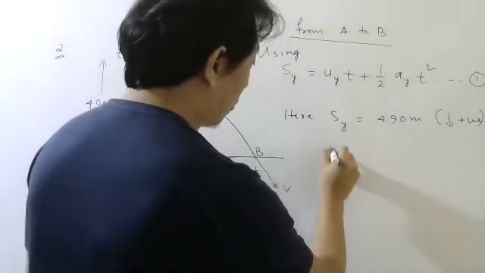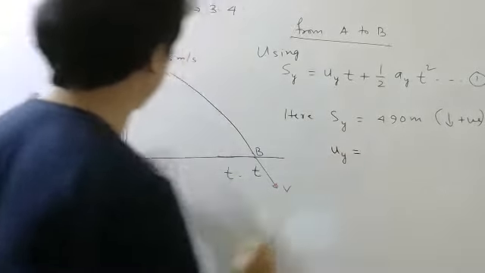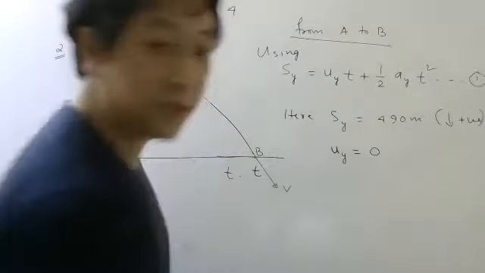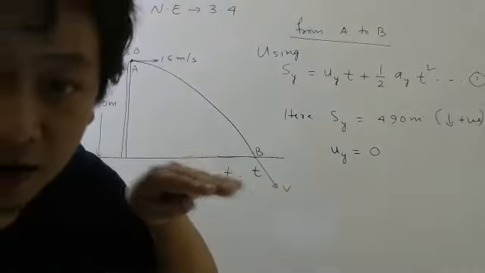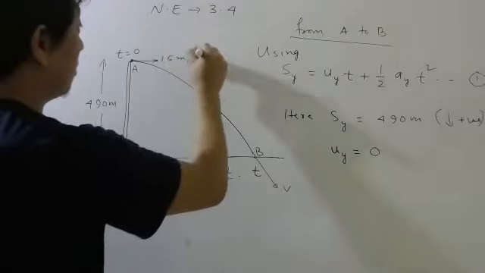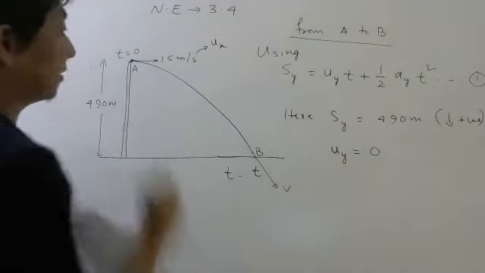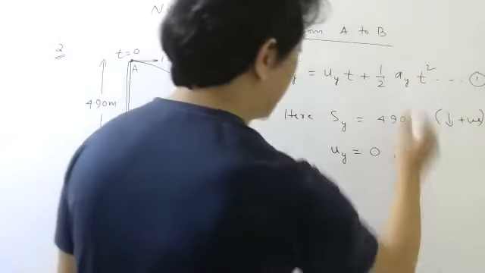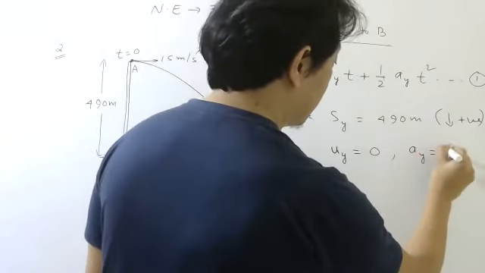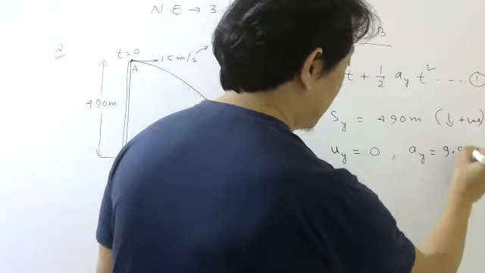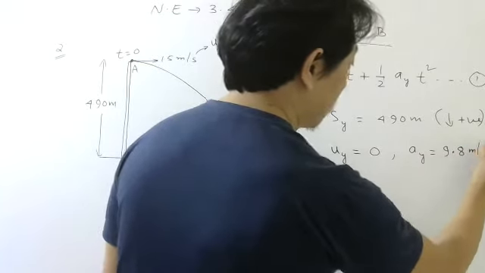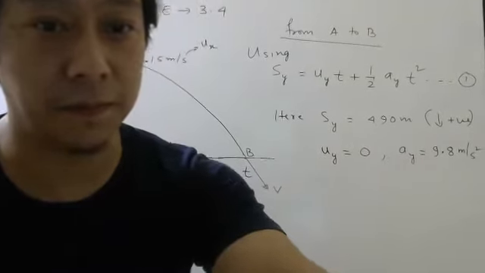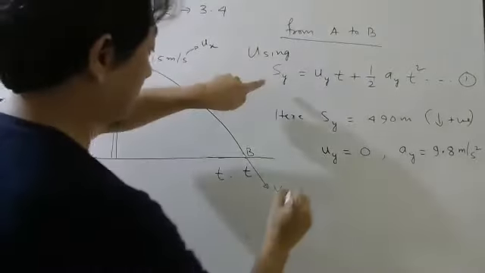What is the y component of initial velocity? 0. Since initial velocity is along the x-axis, this is your ux. Uy is 0. And acceleration along the y-axis is 9.8 meter per second square, downwards, so positive only, right? Let us substitute.